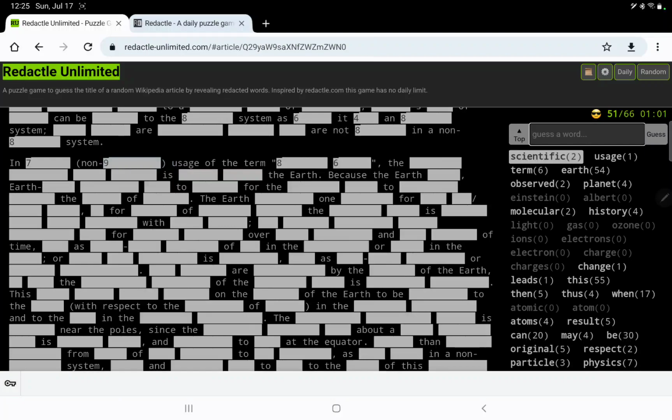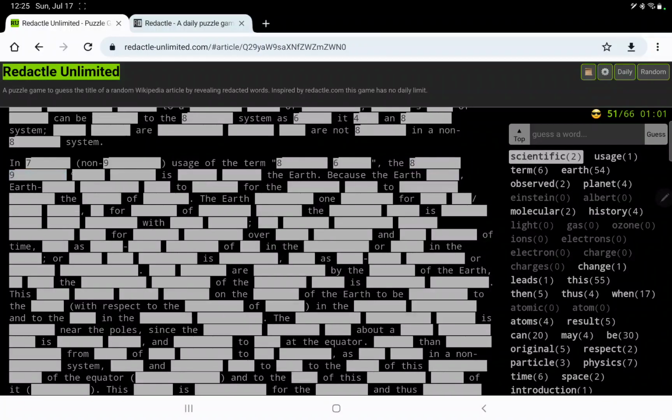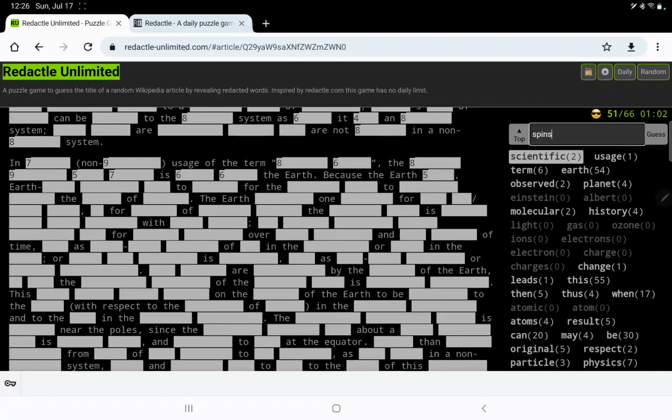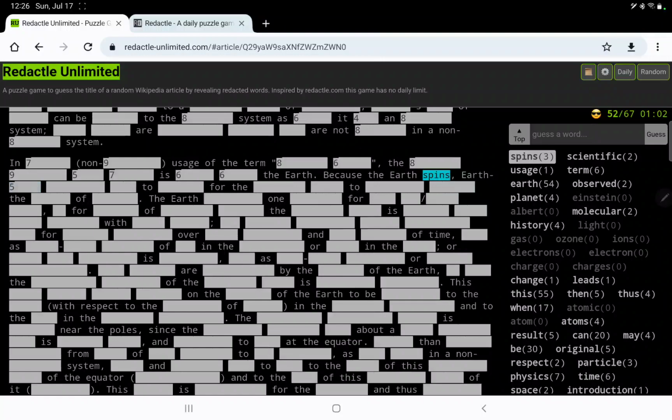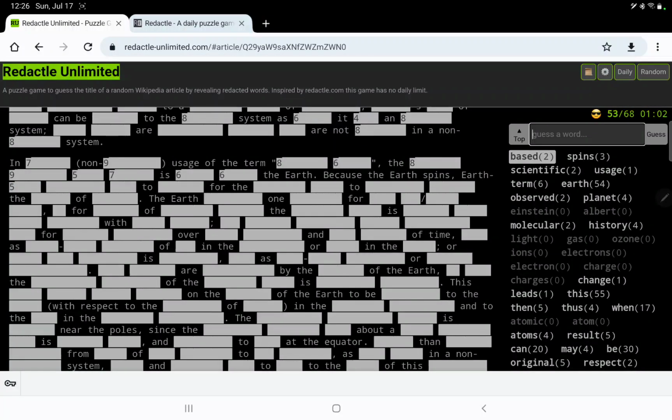No, yeah, maybe it's the opposite, maybe in the science, non-daily usage of the term something. The 8 is something the earth. Because the earth spins, okay, earth dash based, earth dash worms, no.